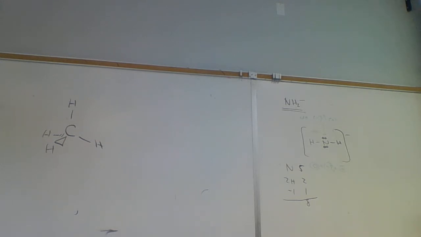The hydrogens are +1. Okay, if the hydrogens are +1, then the carbon must be -4. So is methane electron rich or electron poor? What would you classify it as? Electron rich. It should burn, right?